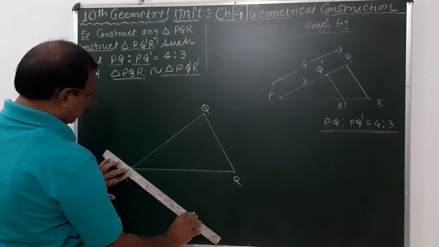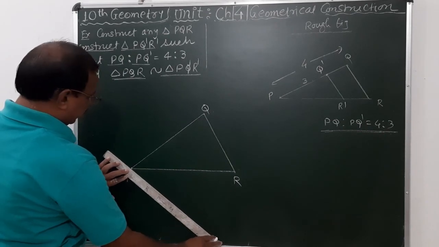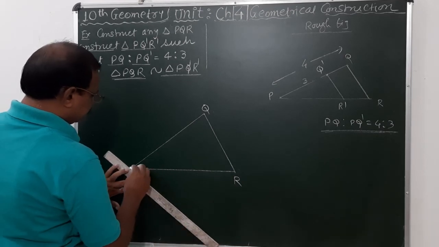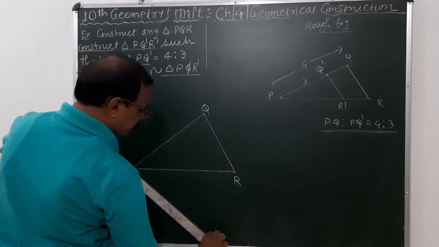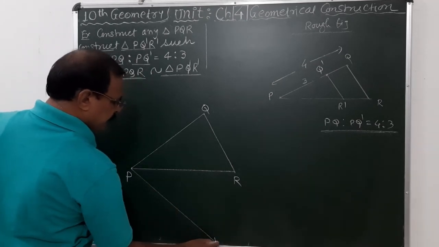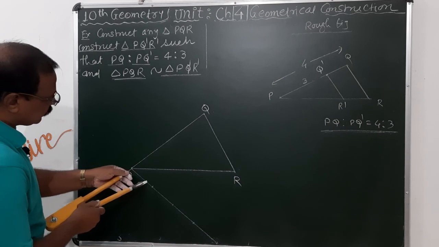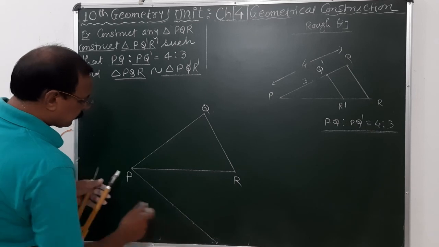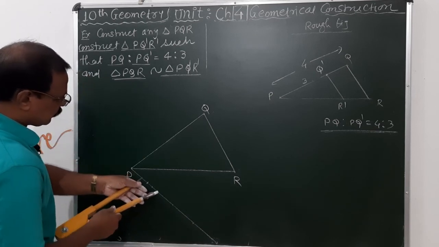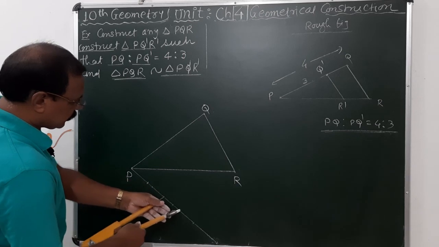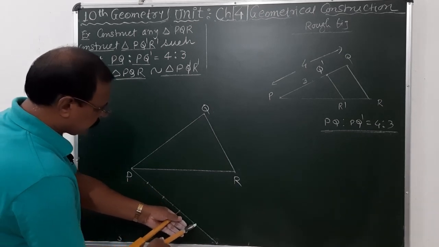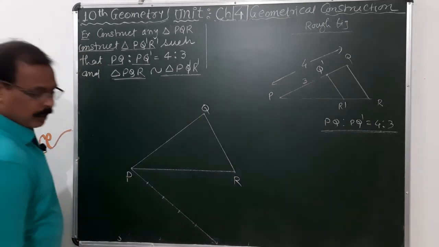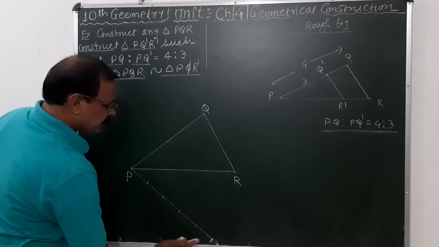What to do here? I draw a ray which is passing through point P. This is a ray. I make four parts of this ray here.